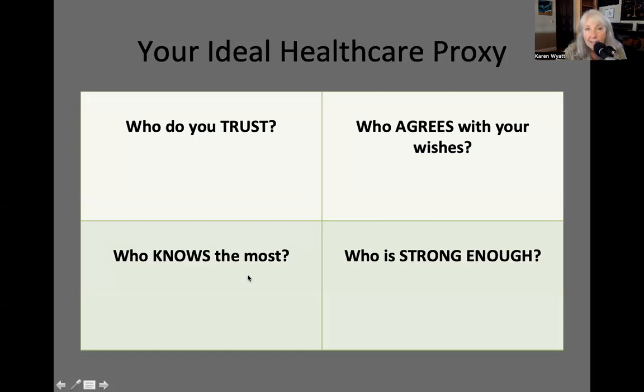So again, as you look through who you want to make this choice for you, who you want to be your healthcare proxy, I suggest perhaps make a list. You could start with who in your life do you trust the most? And it'd be great if you had 5, 8, 10 people on that list, a lot of people to begin with, all the people that you trust, that you know have your back, that will stand up for you and will show up and come through for you.